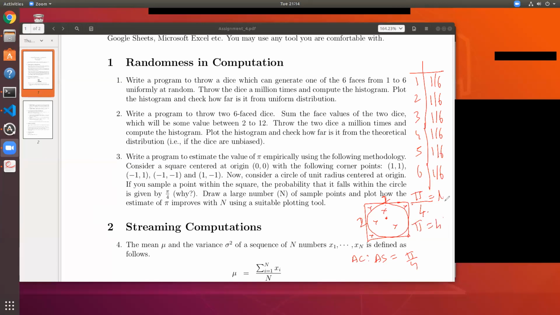As the value of n increases, the ratio ln will be very close to the actual pi by 4. Does it make sense? If given a point, can you check if it lies inside or outside the circle? You just have to write an if condition.